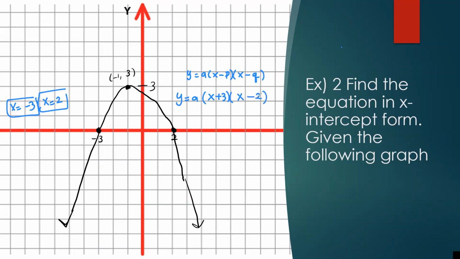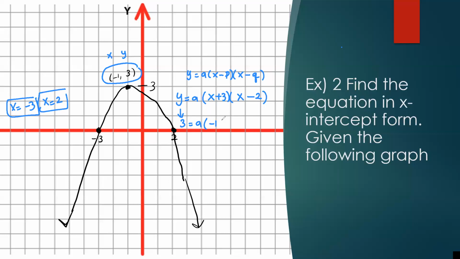Now we got to find out our a value by plugging in this extra given point. So our extra point is -1, 3. So -1 is your x and 3 is your y. So we're going to substitute those values just to solve for a. So y is 3, a, and then my x value is -1.